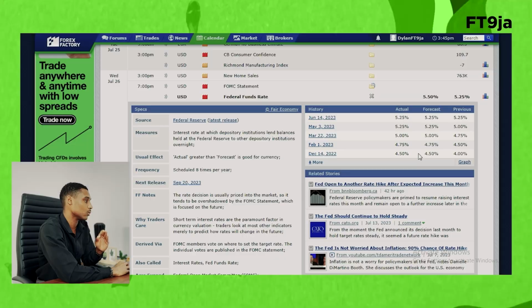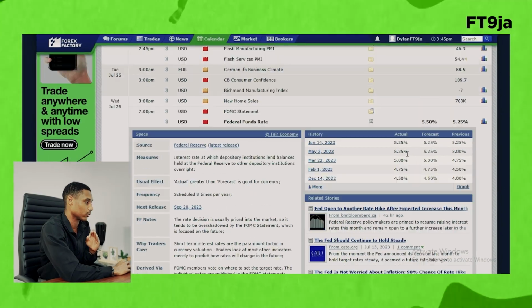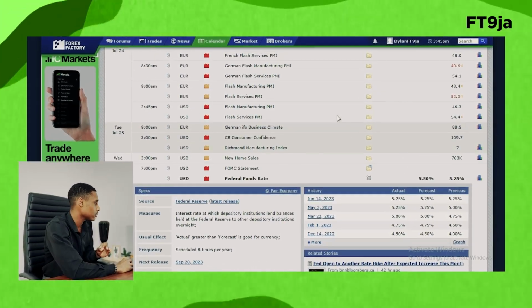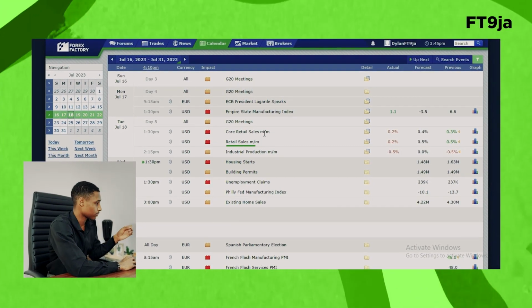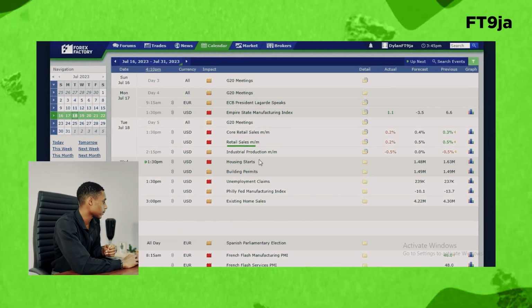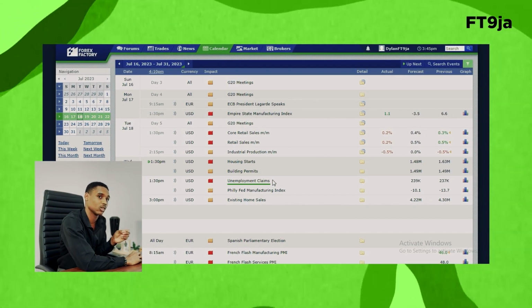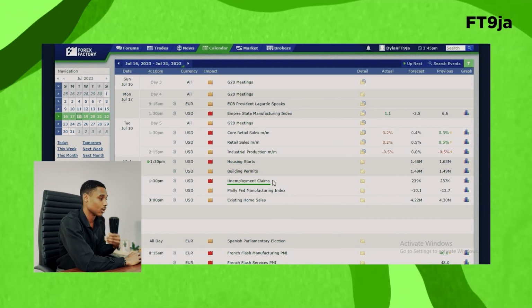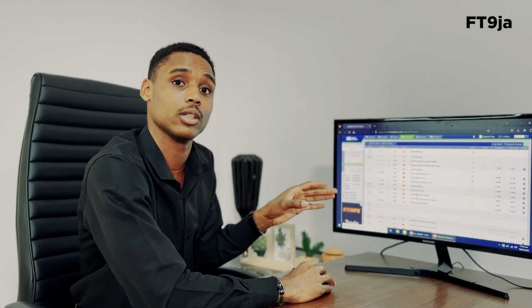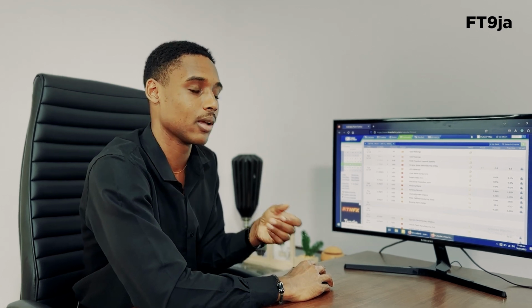However, surprises do happen. And what could change the forecast for this federal fund rate is retail sales that we will be seeing today, housing starts, we will be seeing tomorrow, and unemployment claims, which could be seen on Thursday. Normally, because of the frequency of the collection of this data, it's pretty accurate. But surprises can happen.